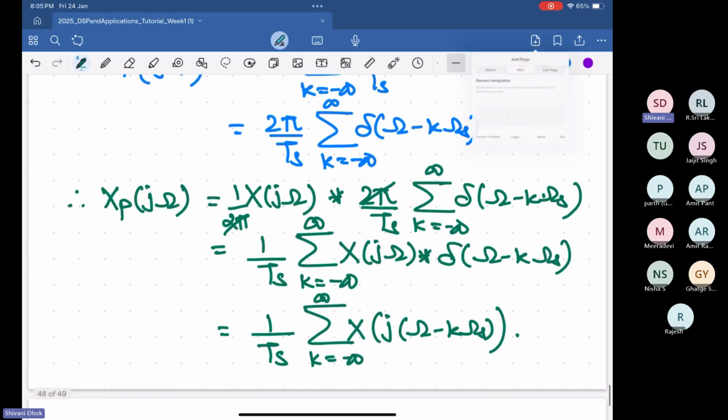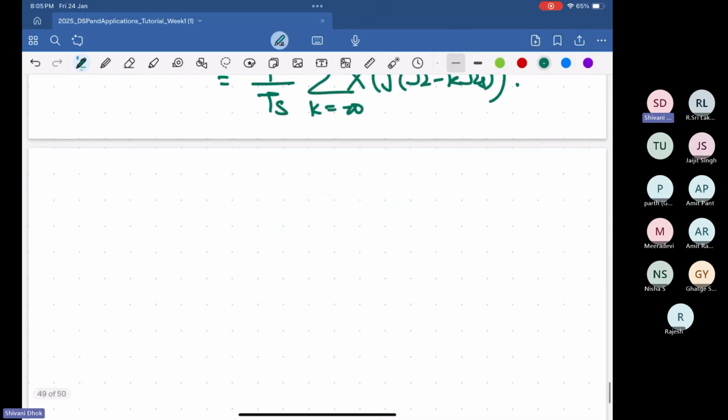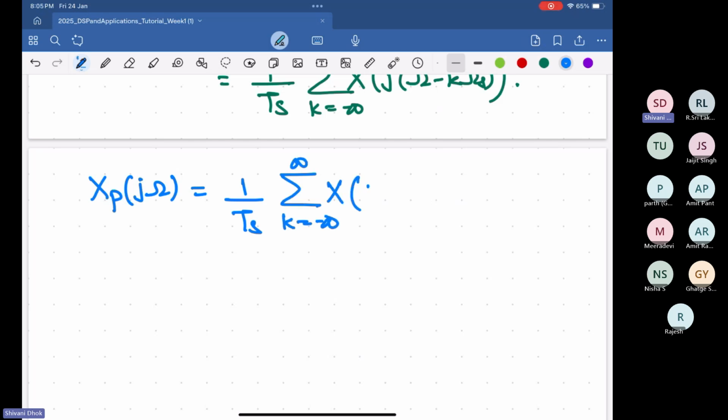So Xp of j omega is equal to 1 over Ts summation k running from minus infinity to infinity X of j omega minus k times omega s.